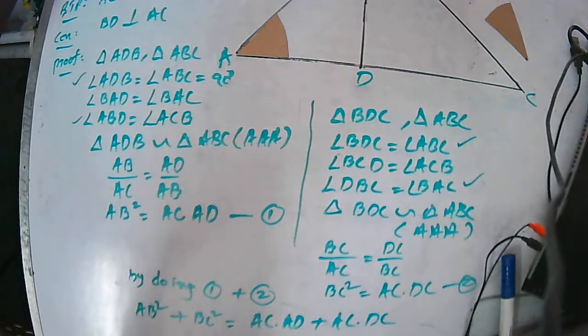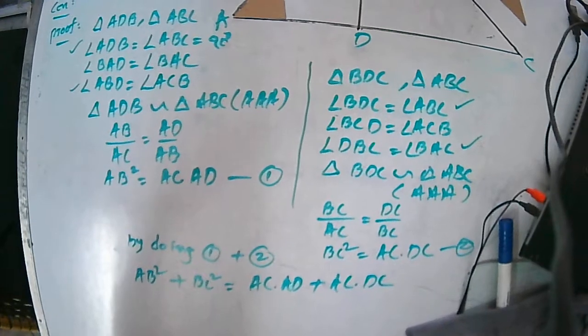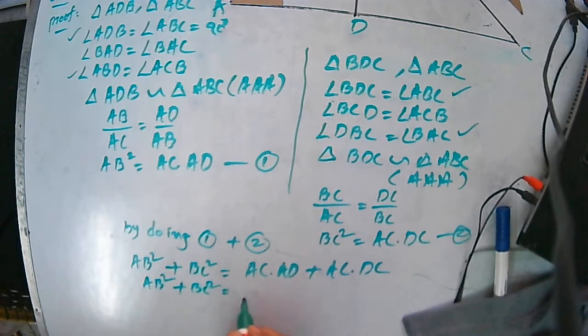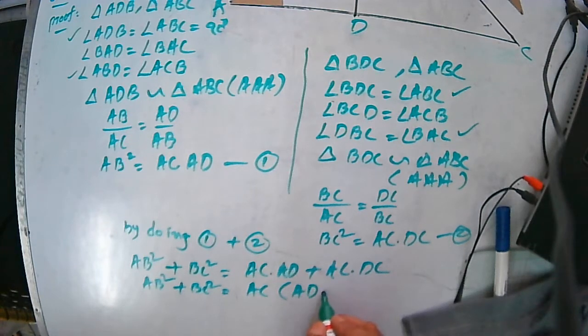Okay, now you go on to simplify. Then the next step you can write AB square plus BC square equal to, you can take AC as common in these two. If you take AC as common, we can write AD plus DC.